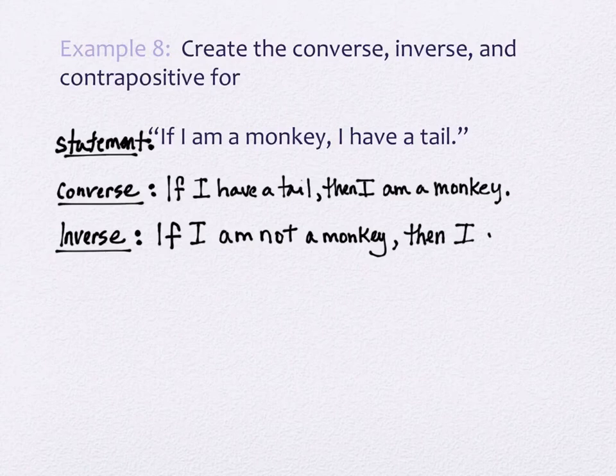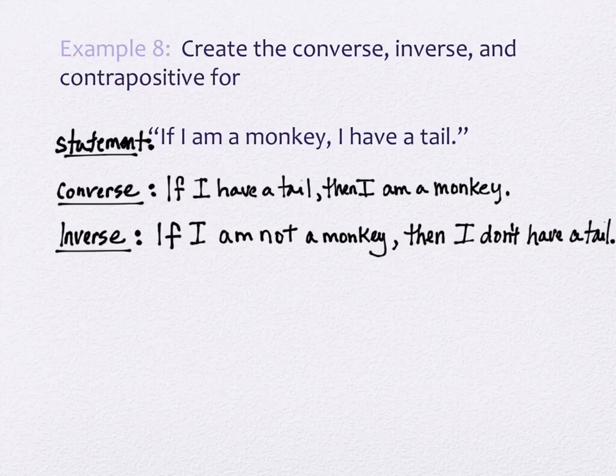Then I don't have a tail. And again, it doesn't quite work, right? The cow actually works in that scenario as well. It's not a monkey. But that doesn't mean it doesn't have a tail, right?